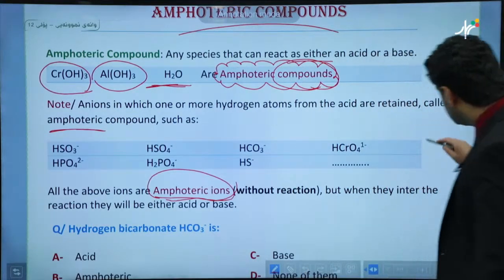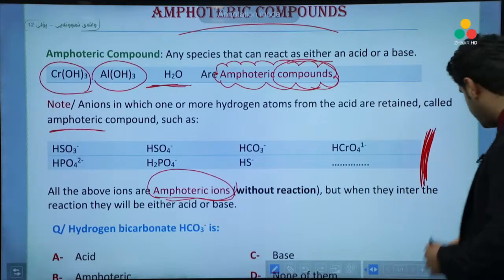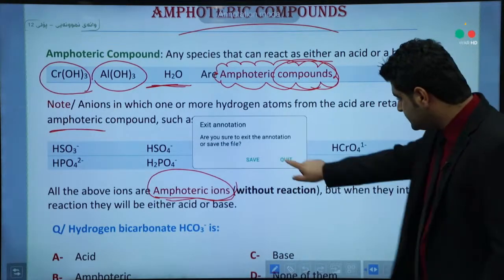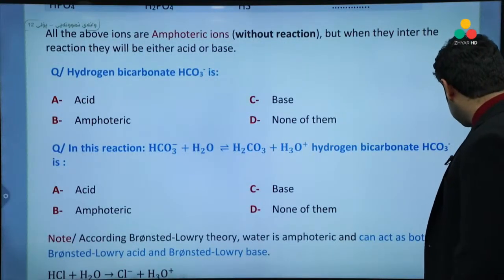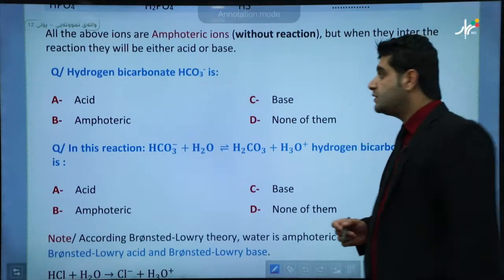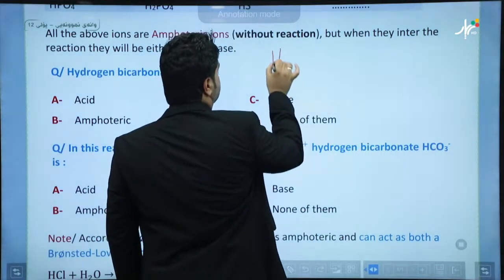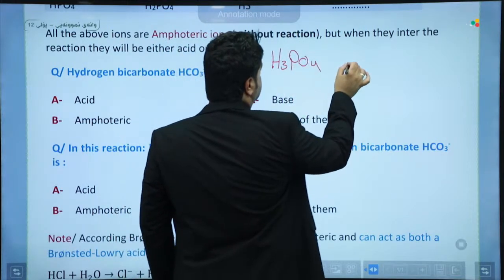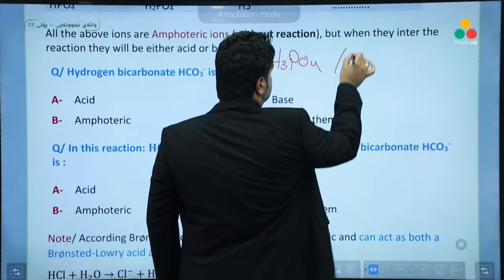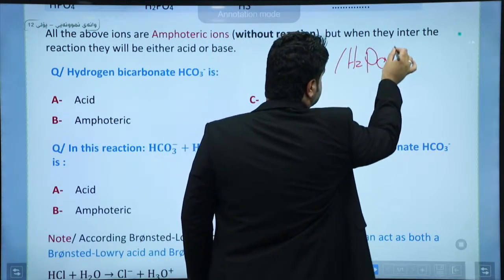Well, I prefer to give you some details about amphoteric ions. I'll start with the ionization reaction for the polyprotic ions. For example, we have H3PO4. Then it can produce H2PO4 negative one.